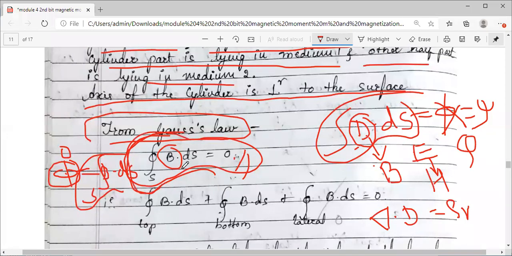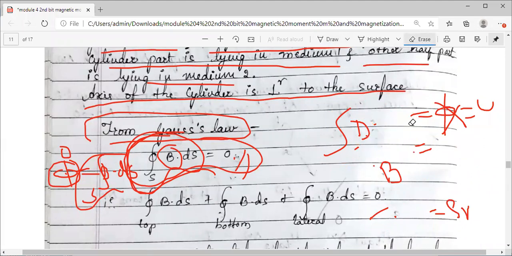Now this integration for our considered Gaussian surface we have to solve. What is the considered shape that we have chosen? It is the cylinder.